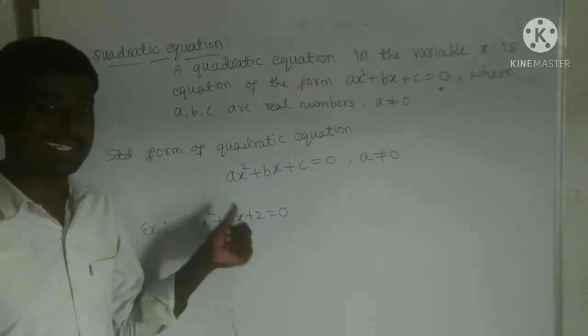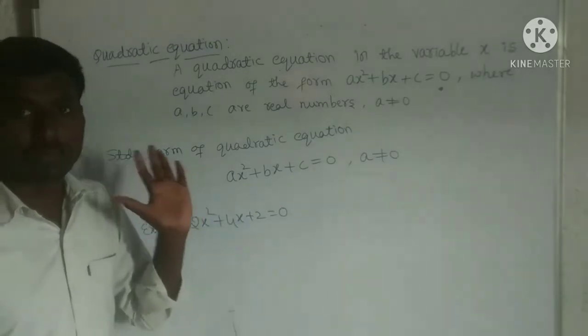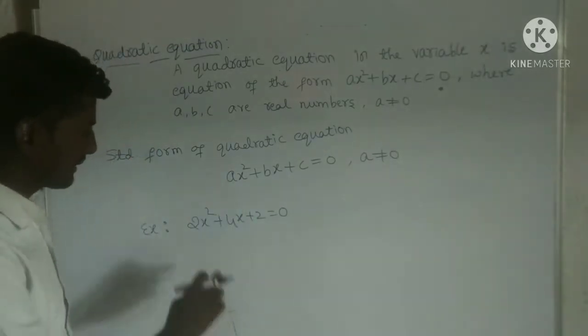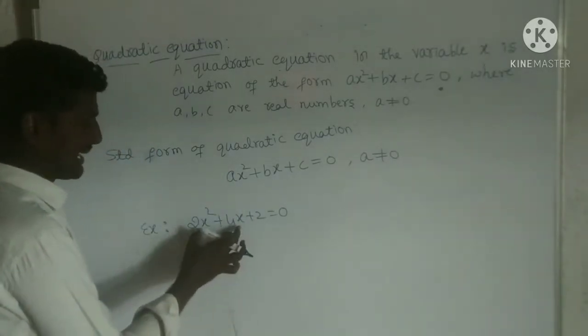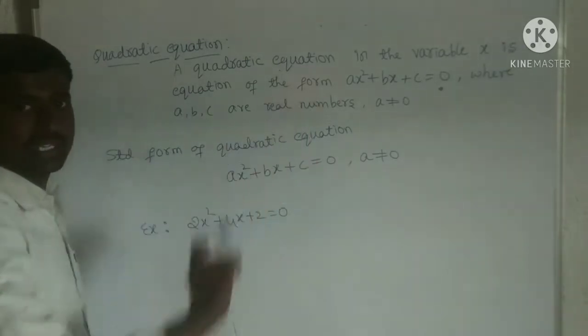Here I have taken the variable as x. The highest power of variable x must be 2, then it is a quadratic equation. You observe the variable x: the highest power of this is 2. Therefore it is a quadratic equation.